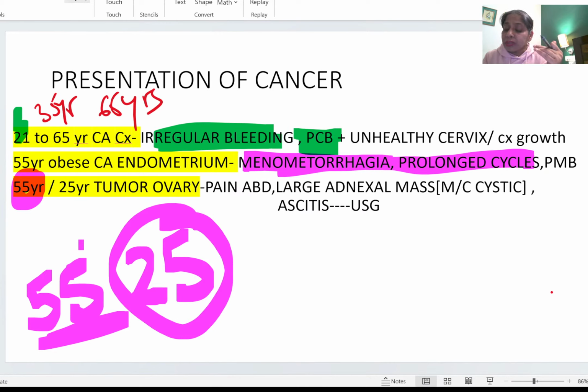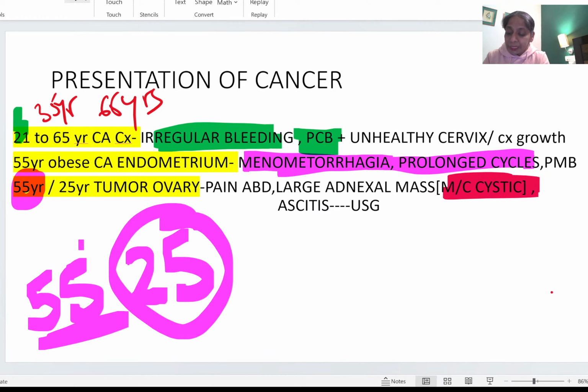Now how does CA ovary present? It is an ovarian mass, right? And that mass is usually cystic. So the ovarian tumor patient presents to us with pain abdomen.